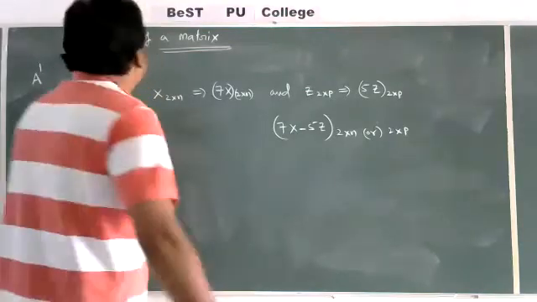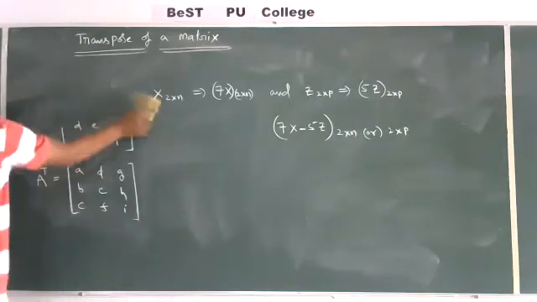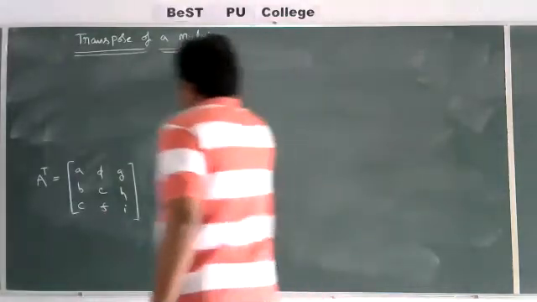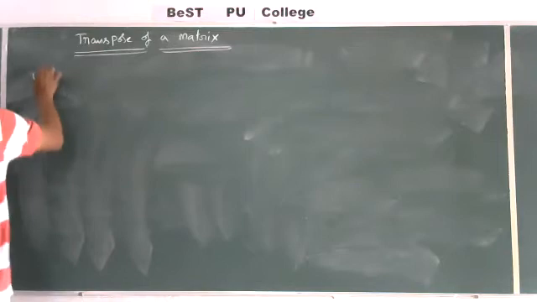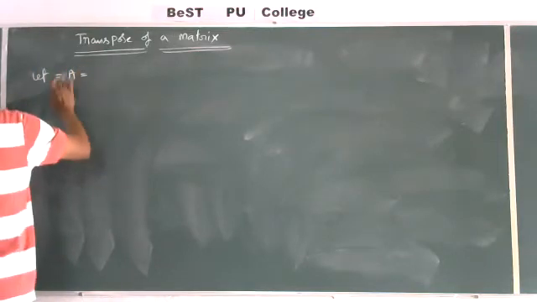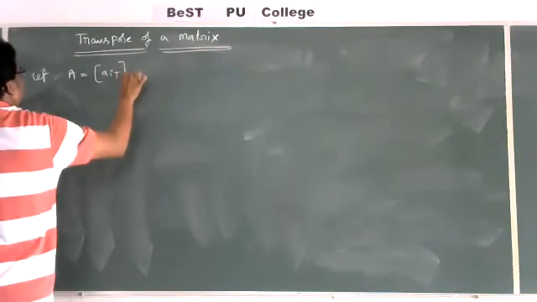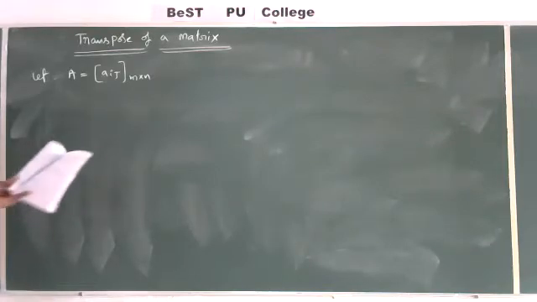Write the definition. Let capital A is equal to Aij m by n be the matrix.